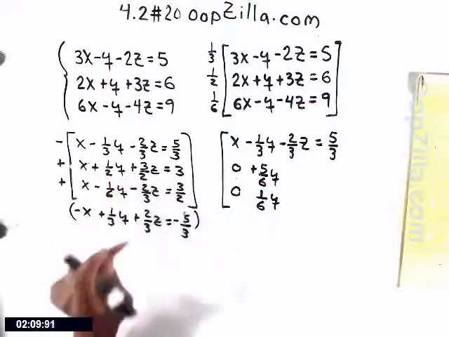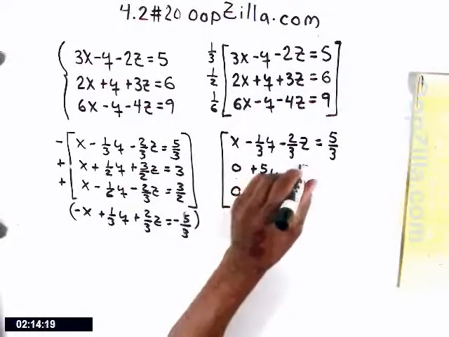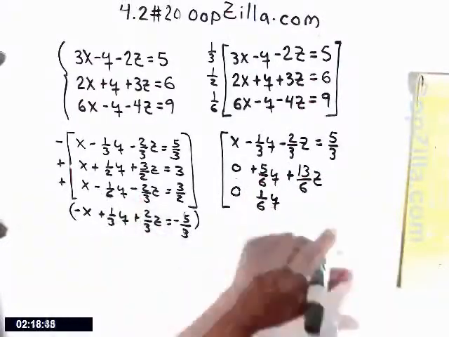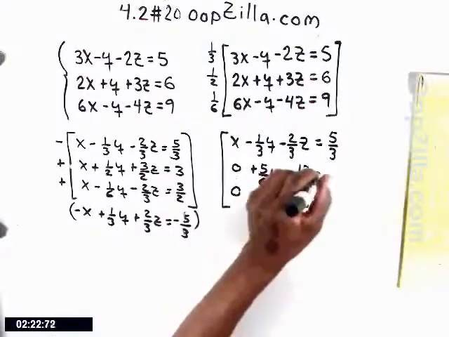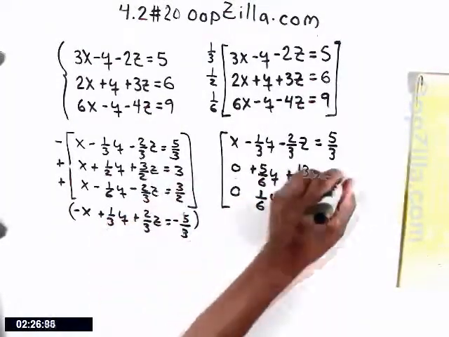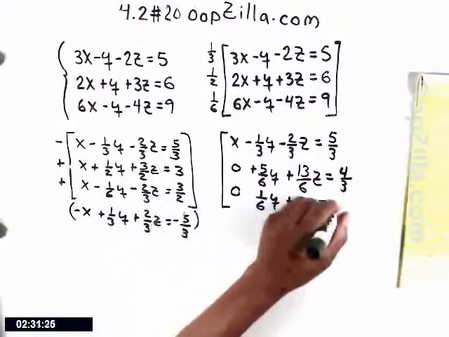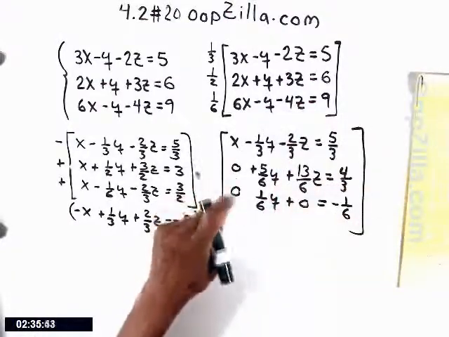This plus this is going to give me 13/6 z. This plus this is going to give me 0. Okay, 0, had to look at that. This plus this is going to give me 4/3. This plus this is going to give me a negative 1/6. Now things are looking good. They pass through to 0.